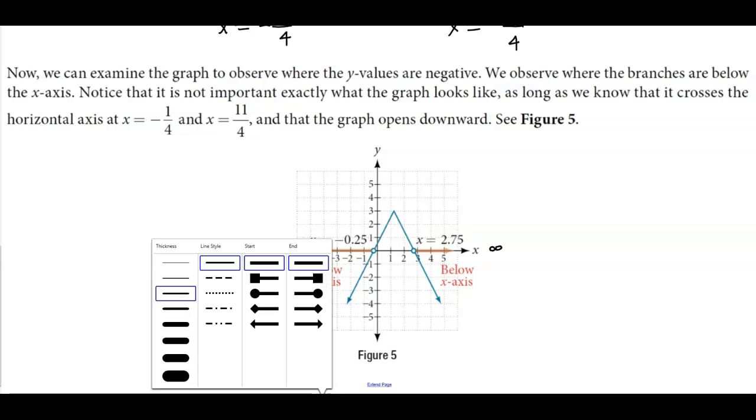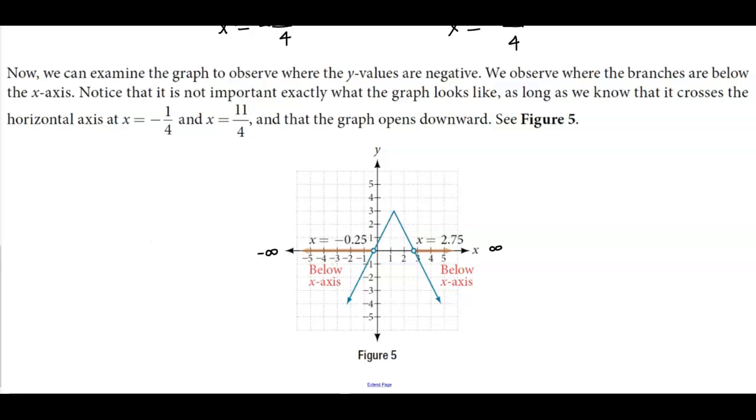Okay, we're going to label it. So from here to here, as it continues on, it's below the x-axis. So the interval is going to go from negative infinity all the way to negative 1/4. And it's also below the x-axis here, and that's going from 11/4 to positive infinity.